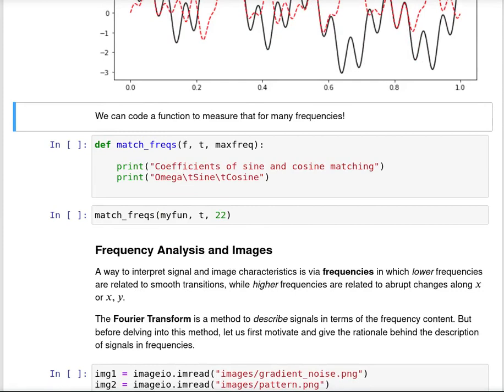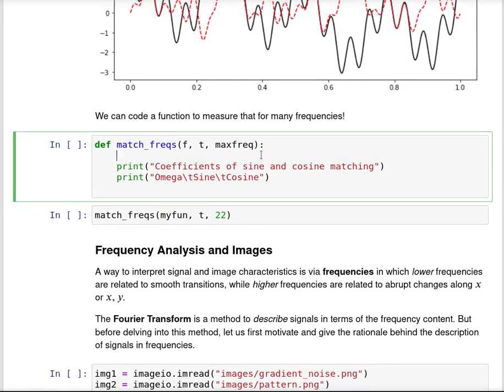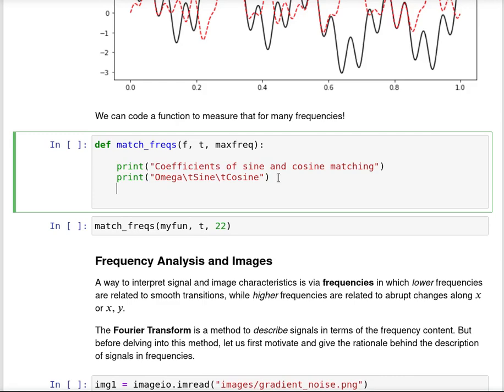Now we can code a function in order to measure these ideas, but not for fixed frequencies, for a lot of frequencies, or any range of frequencies that we want.